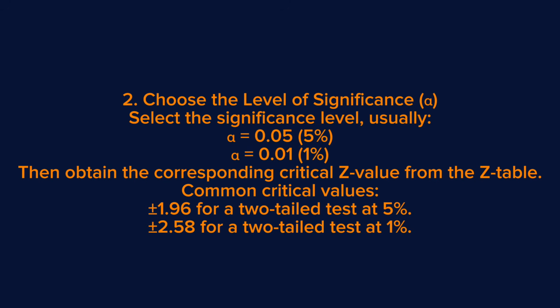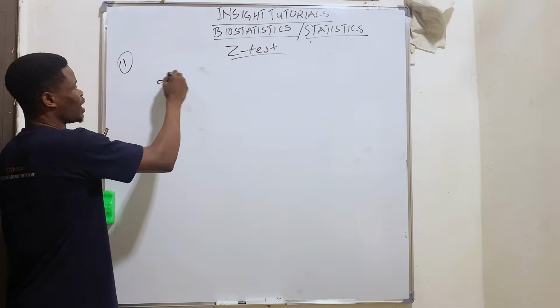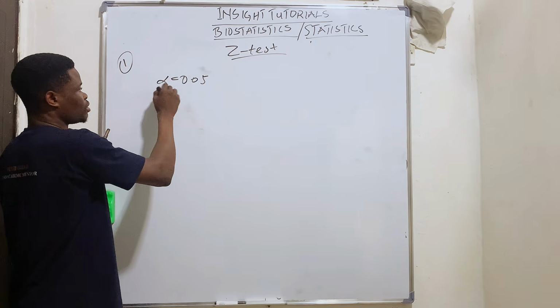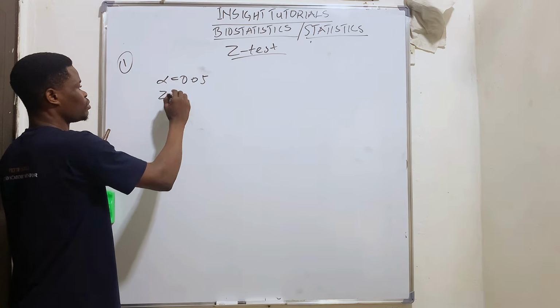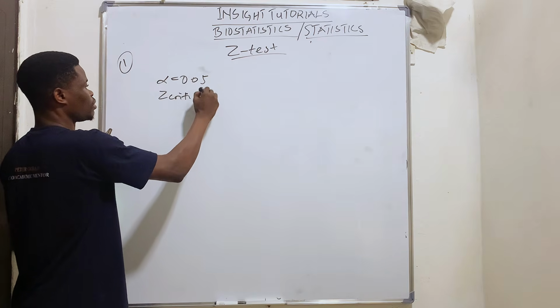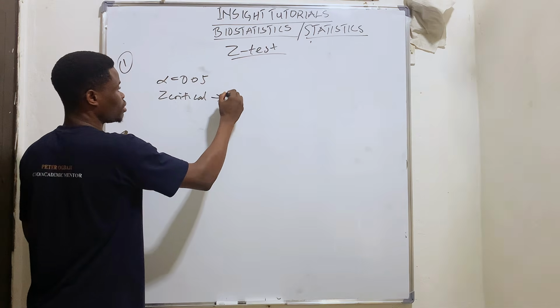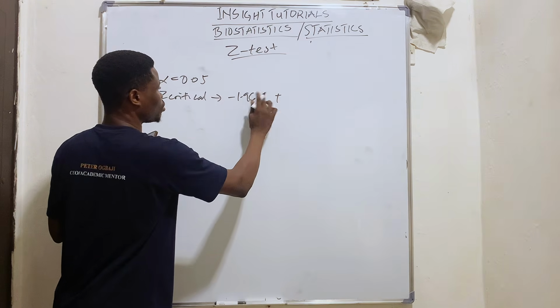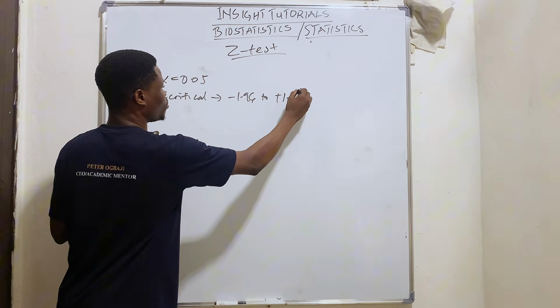If you're given, let me say, your alpha level as 0.05, the Z critical value will range between minus 1.96 to plus 1.96.